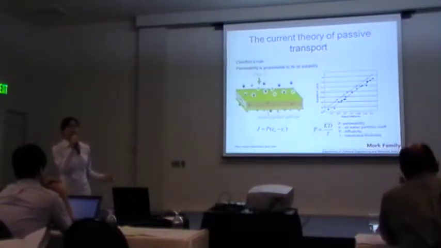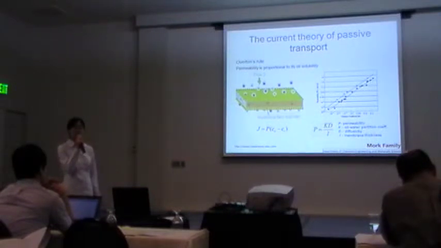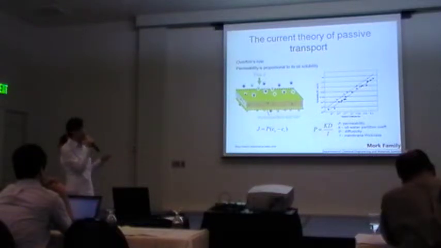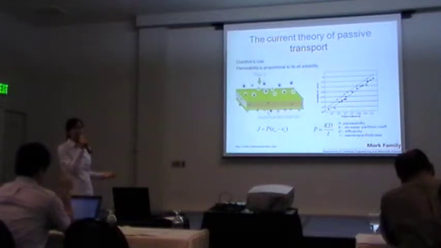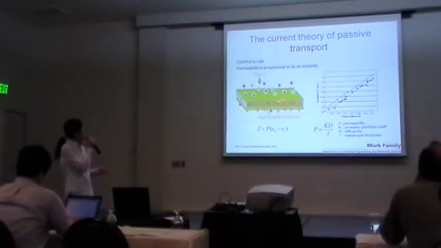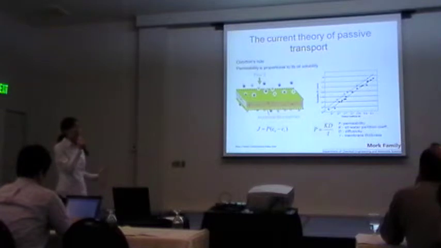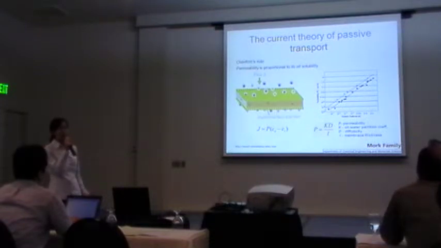And what kind of factors will affect passive transport? Over 100 years ago, Overton proposed that we can consider the lipid membrane, the cell membrane, as a hydrocarbon barrier, because the middle of the cell membrane is composed of the acyl chains of the lipid molecules. So if a drug molecule has a high oil solubility, it will have a high permeability through the cell membrane.